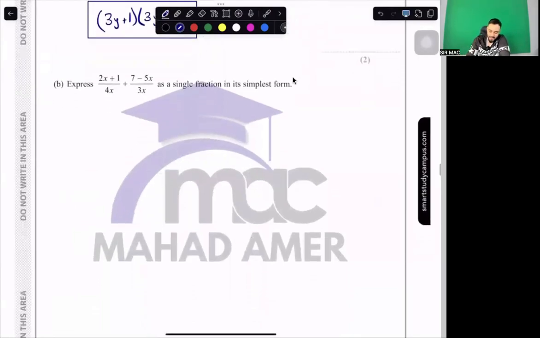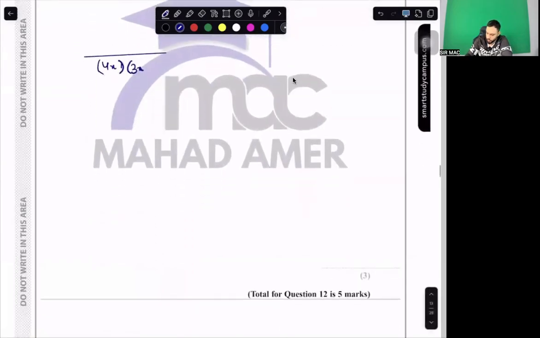Now they're saying to express this as a single fraction in its simplest form. Again you can solve it whatever way suits you. I personally recommend taking the LCM first, so 4x times 3x. As it's a long question, it's 3 marks.